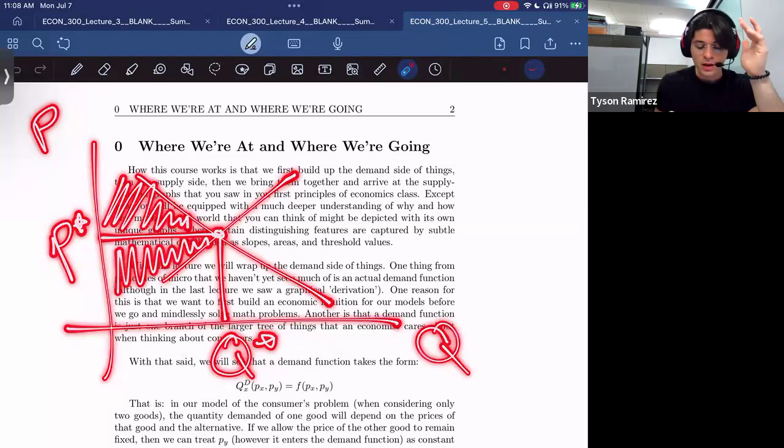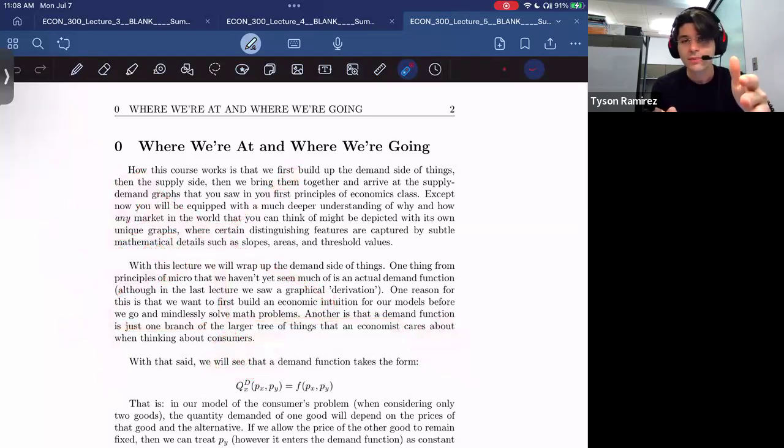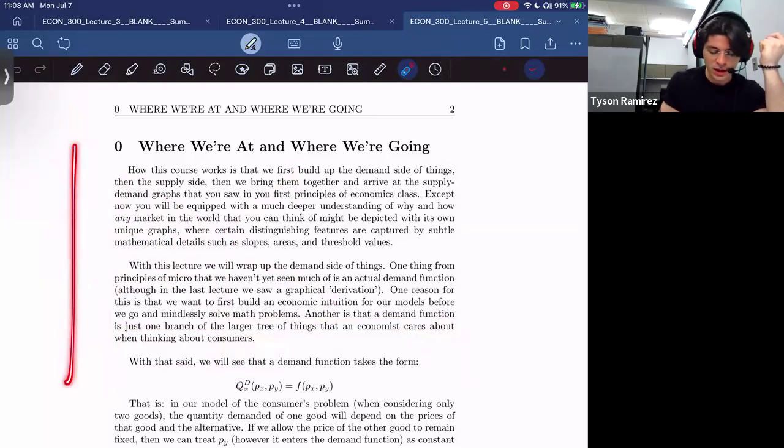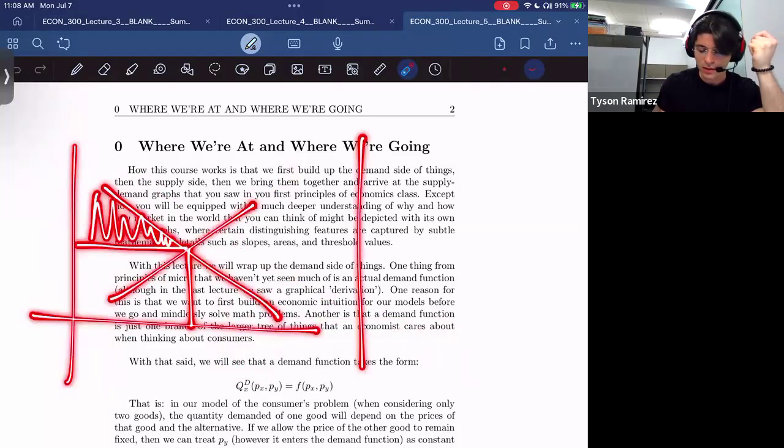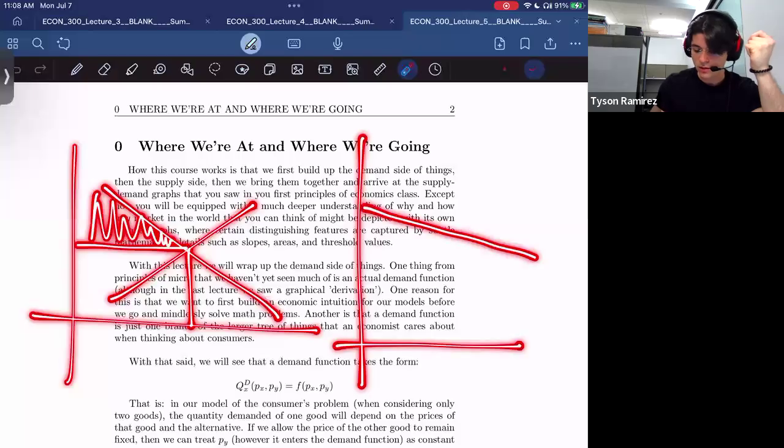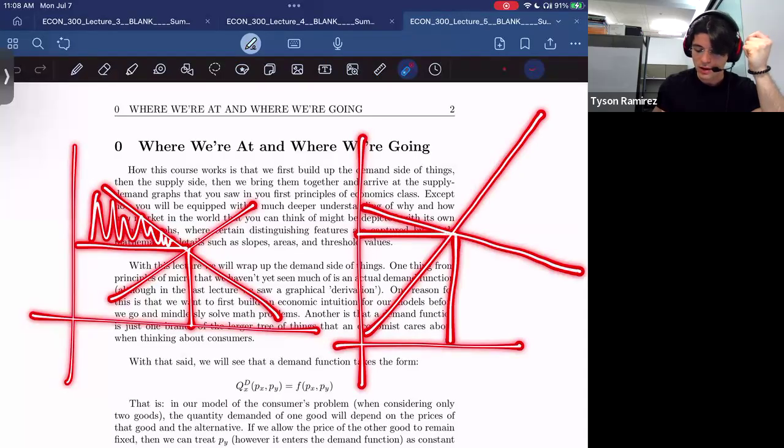Some subtleties there. One thing you might notice is that if this is the demand curve and this is the supply curve, we'd get something like this, and we have this type of consumer surplus. But what if the demand curve was very flat right here and the supply curve was very steep? We'd get an equilibrium like this, and we see that consumer surplus is much smaller.